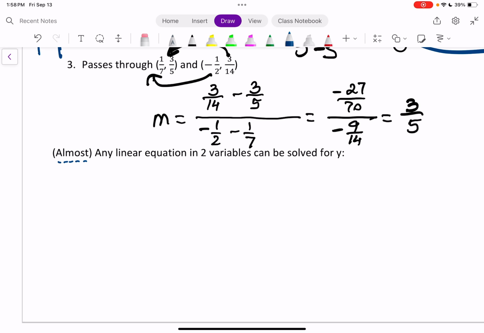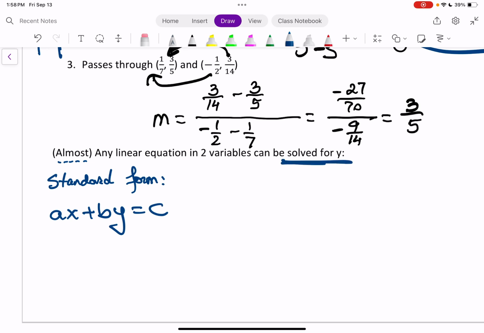So if we start with that standard form of an equation in two variables that we talked about in the last section, we can rearrange it to get y by itself.